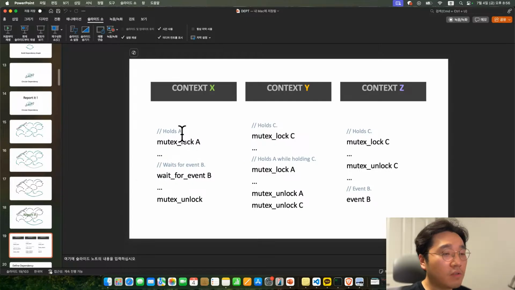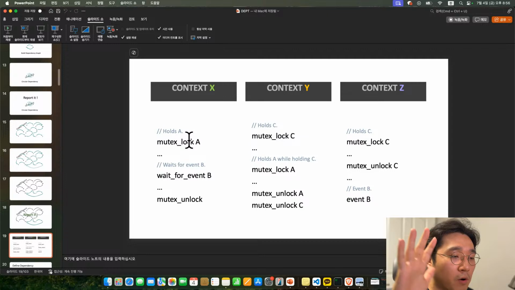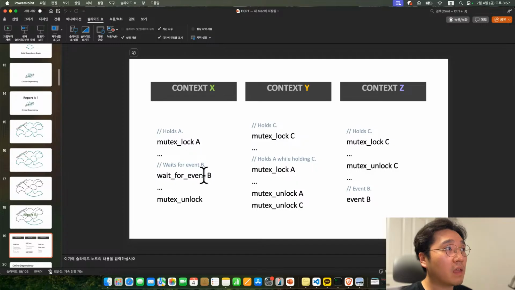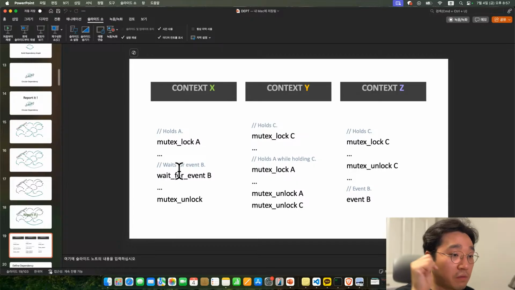In the mutex context, from the perspective of the critical section, they can sleep. This is the key point for this session, so keep remembering it.